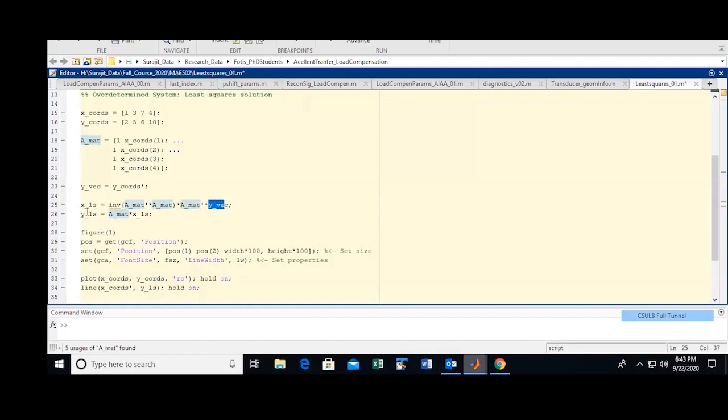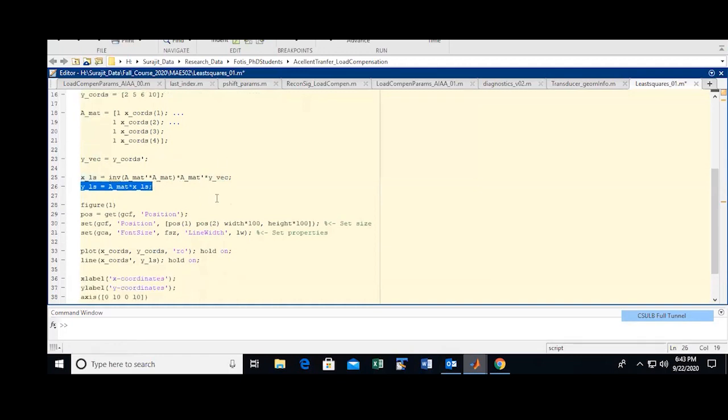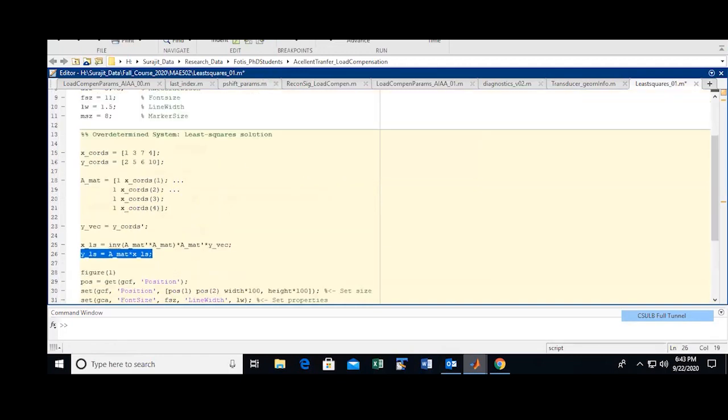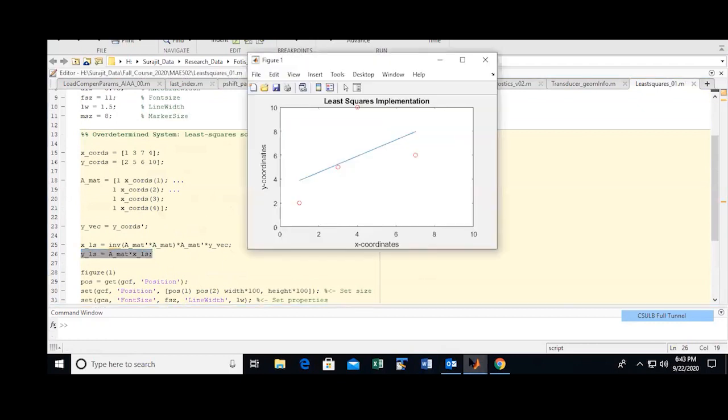Once you get this least square solution, which is your M and C, you can find the corresponding y's using this formulation. If I run this again, you see the fourth data point is plotted over here and the line has shifted.